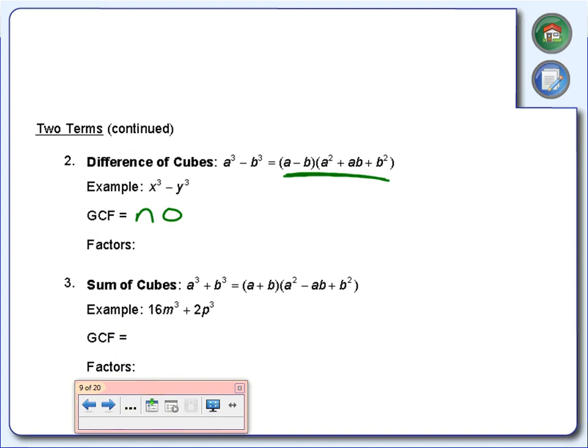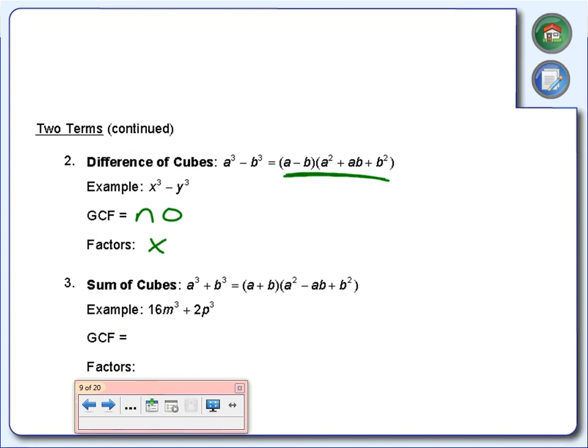To get that binomial, the a minus b part, we're going to take the cube root of each of these terms. Not the square root, but the cube root. The cube root of x to the third is x, because an x times an x times an x gives you x to the third power.